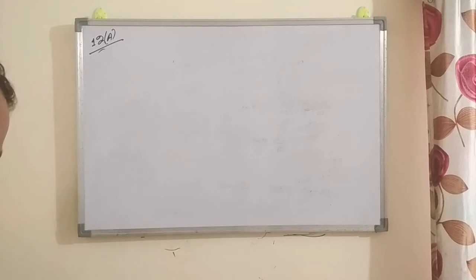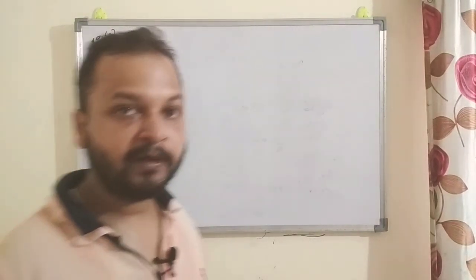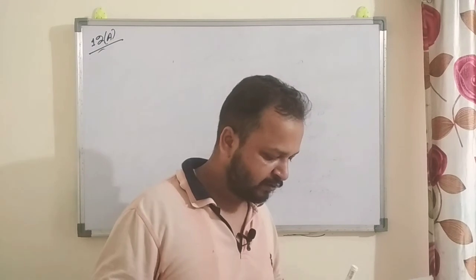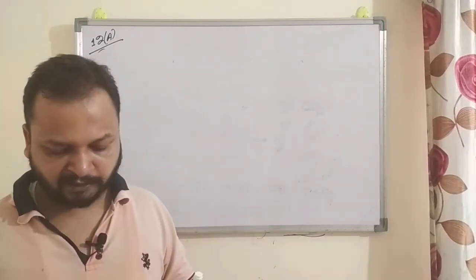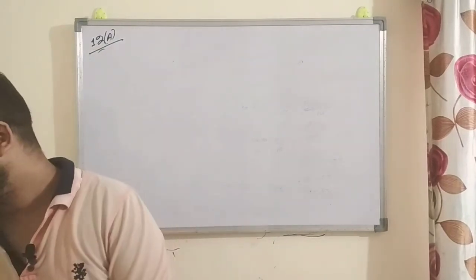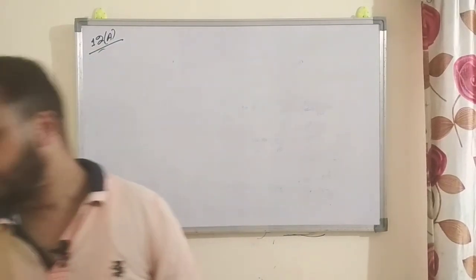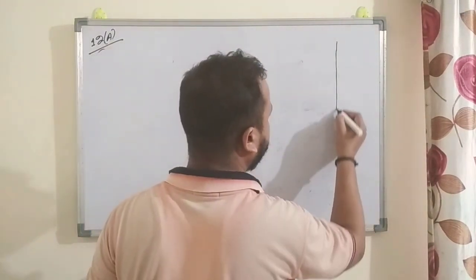Example number 7 reads as: a tree is broken at a height of 6 meters from the ground and its top touches the ground at a distance of 8 meters from the base of the tree. Find the original height of the tree. So like this is the tree.